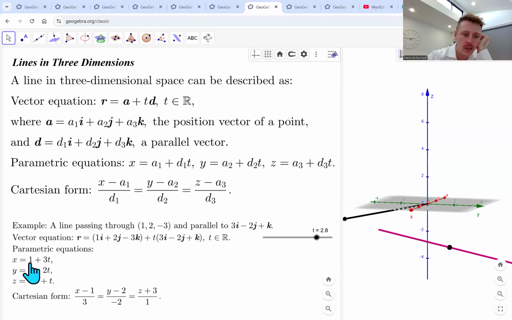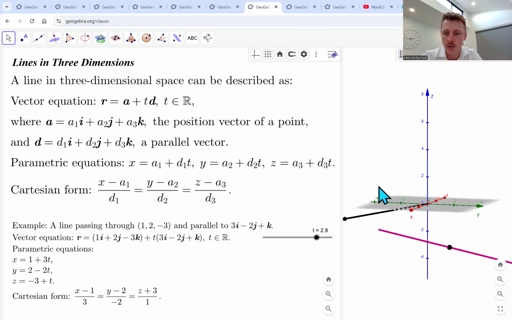Okay, so I think that's pretty cool. And then if you want the equivalent parametric equation, it's just what we said here. 1 plus 3t, 2 minus 2t, negative 3 plus 1t. So that gives you the parametric equation. Rearrange each one of these for t, and then you can write it in the Cartesian form. Okay?